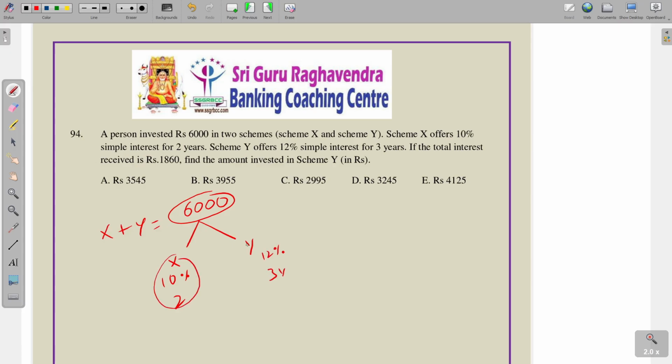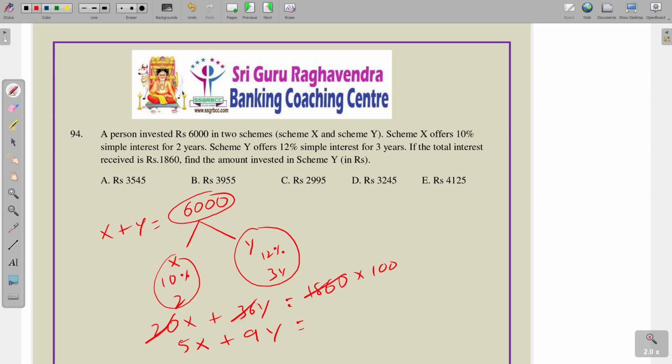So PTR by 100, PTR by 100: 20x plus 36y equals 1860 into 100 by 100, which goes to that side, meaning into 100. After cancellation of 4, it is 5x plus 9y equals 4 times 16, 4 sixes are 24, 4 fives, into 100.